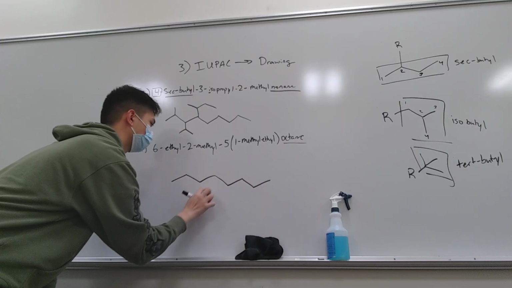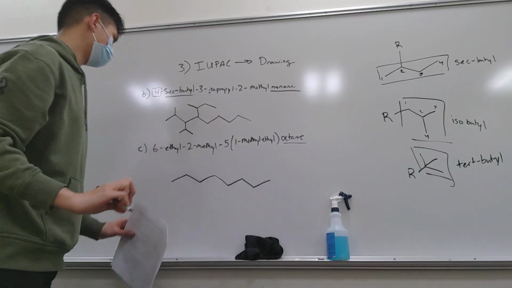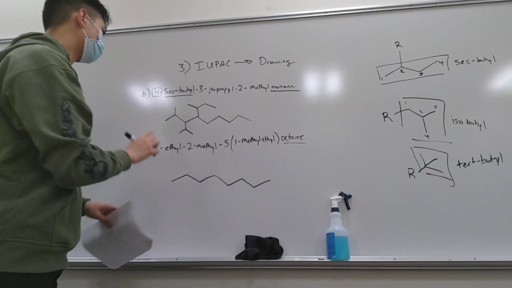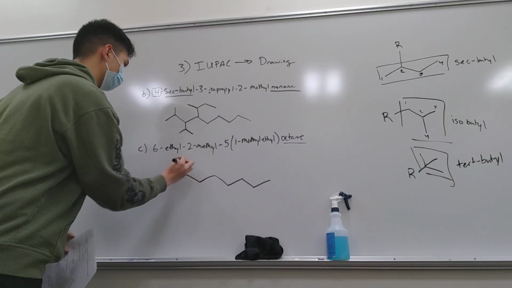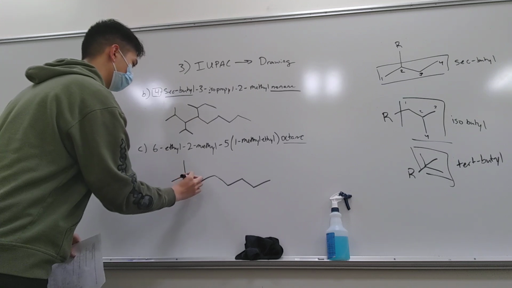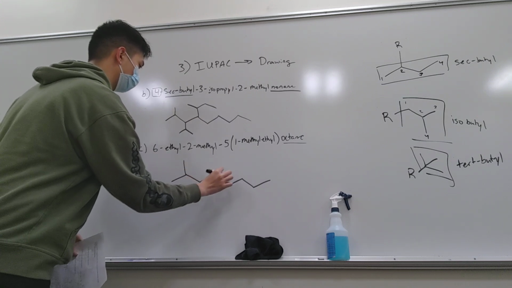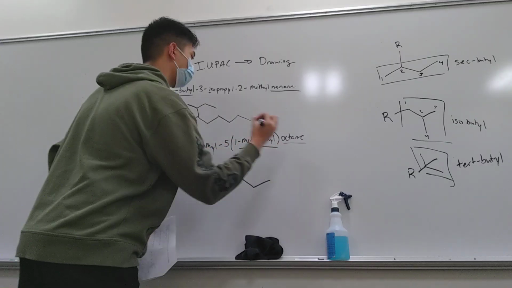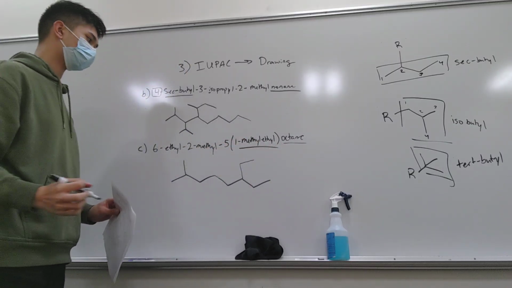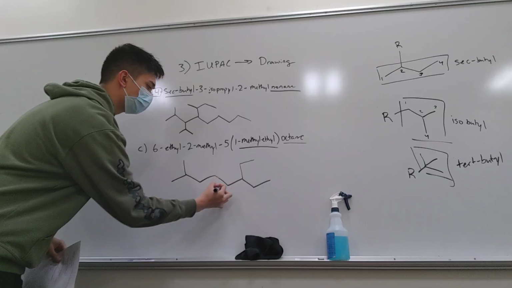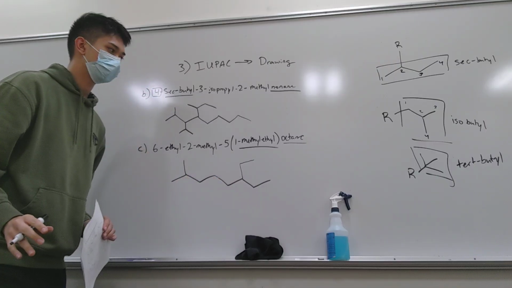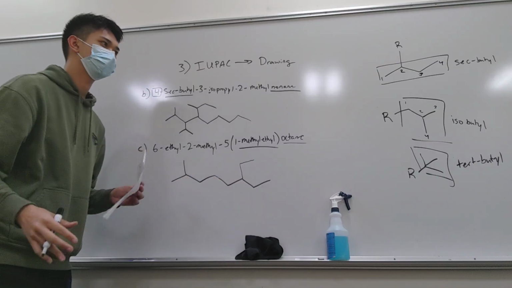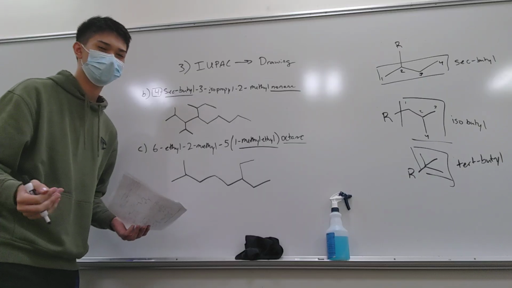Okay. Now we have a methyl at 2, and an ethyl at 1, 2, 3, 4, 5, 6. Something called this 1-methyl ethyl at carbon 5. That's just right here. So really, that substituent, you can kind of see it in the name, right?